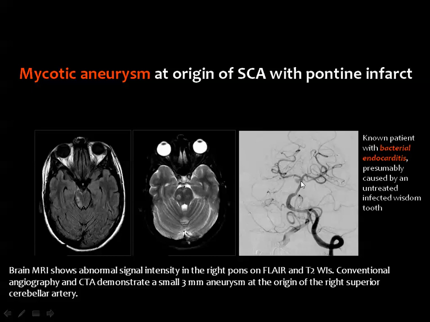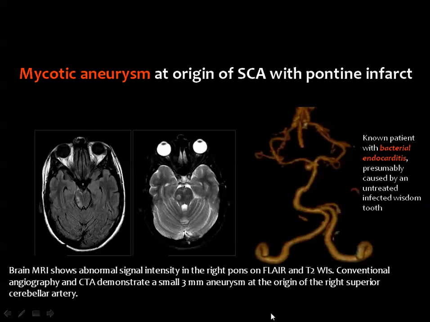The spasm of the vessel has resulted in an infarction in the territory of the affected vessel, as you can see here in the FLAIR and T2 weighted MR images, showing a signal abnormality in the right side of the pons, both in the T2 and the FLAIR imaging, representing the ischemic area. And this is the 3D reconstructed image, and you can see the aneurysm at the superior cerebellar artery.